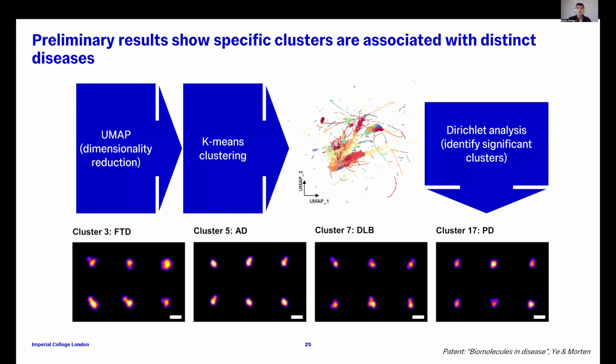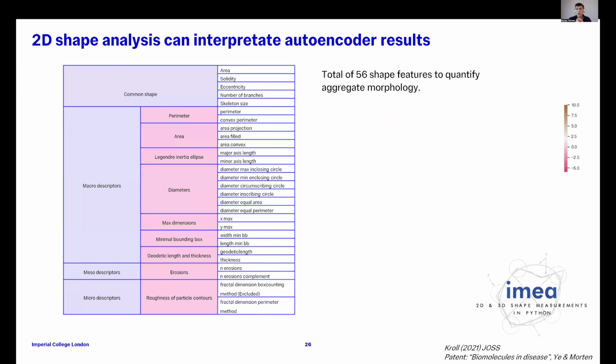But still, we don't really understand why the neural networks have identified these particular morphology features as important. So again, we put our thinking caps on, scoured the internet, and tried to find methods for how we could interpret this. We came upon a package called IMEA.